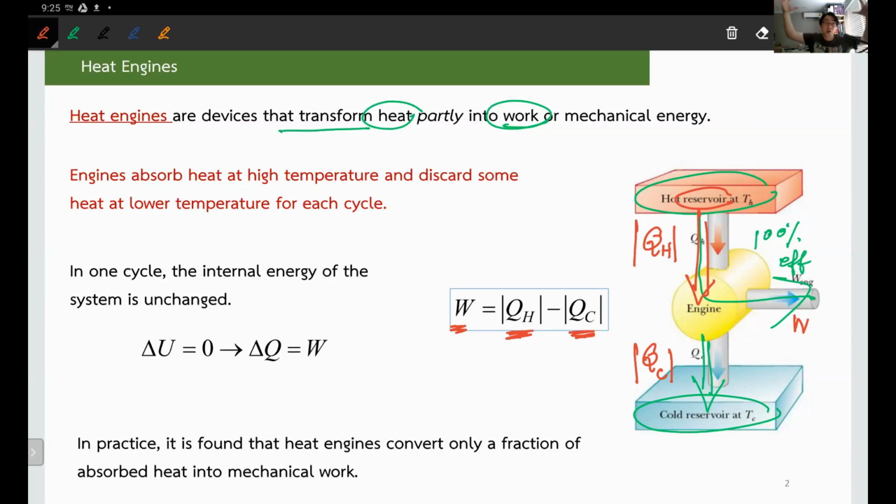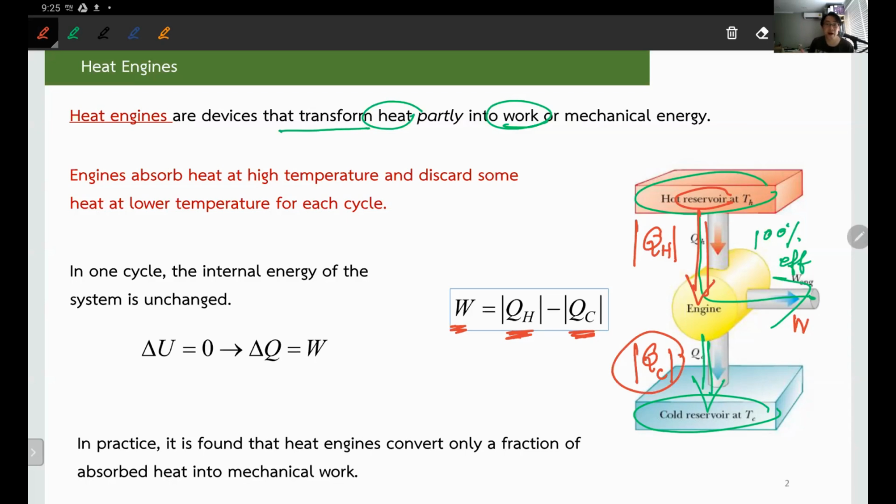You ignite the gas, bam, you get the hot, high-temperature reservoir, and that energy is used to drive the wheels and everything. But then you still have something left over. That's why your car will get hot, because that is the heat coming out from the engine, and that is the discarded heat.